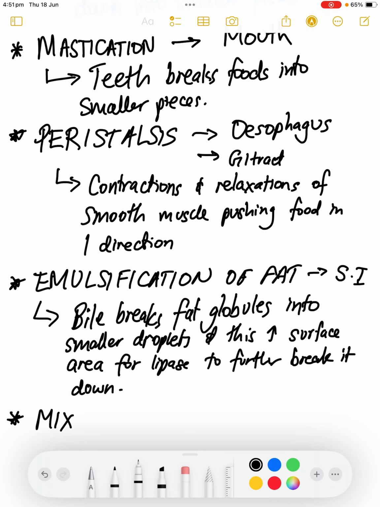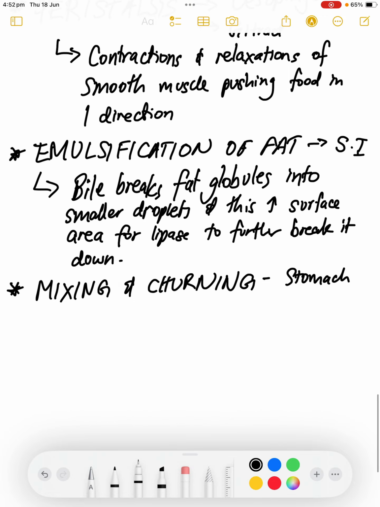Okay. Next, we've got a couple more that I'll talk about: mixing and churning, which is in the stomach. I know I spoke about those other three, but there's a couple more, which are in the stomach as well. With mixing and churning, we've got three muscle layers which mix the bolus together with gastric juices to form chyme.